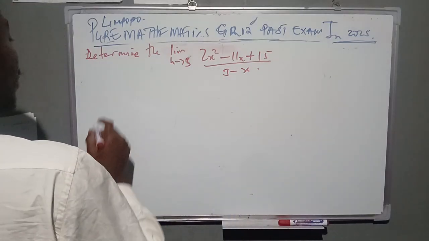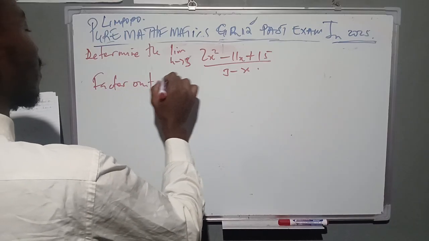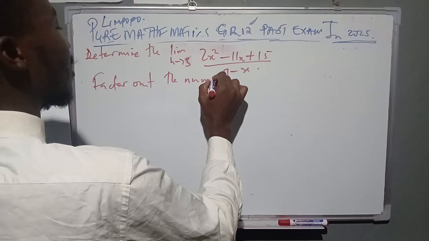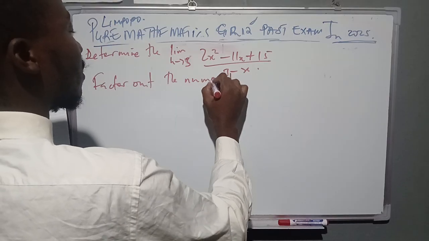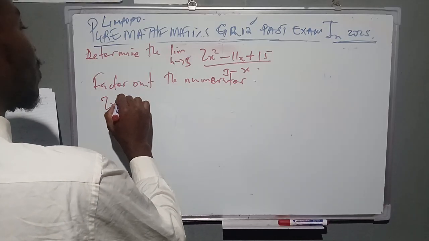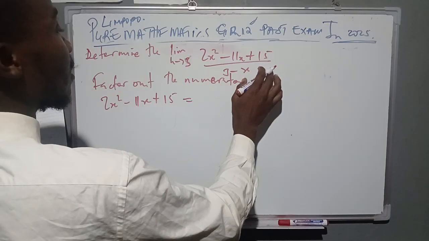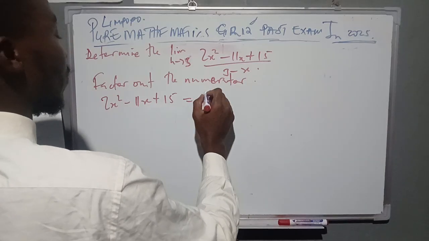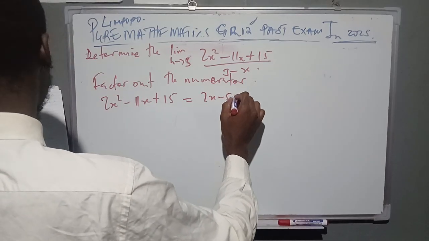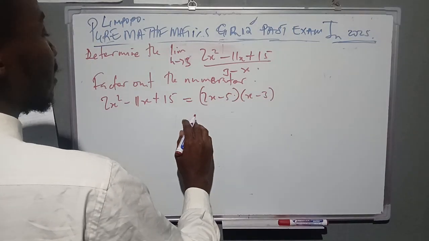So what we can do first, let's factor out the numerator. So the numerator we're having 2x squared minus 11x plus 15, right? So when we factor out, we are going to get 2x minus 5 and x minus 3, right?